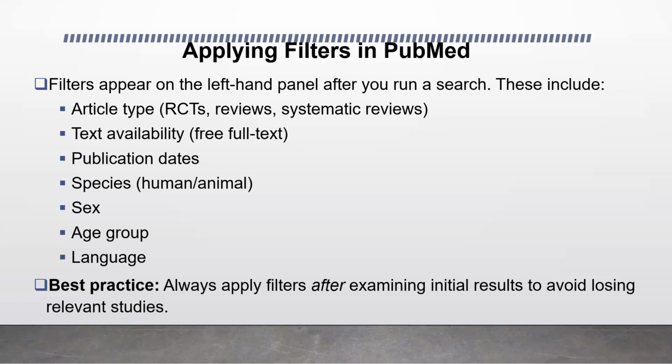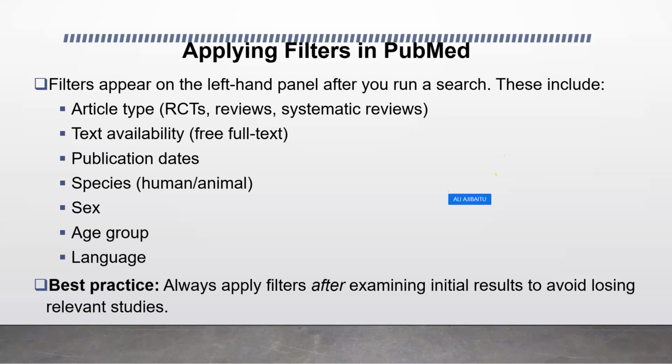But if you have limited access, you can opt for free full text, because some of the publications require you to pay, restricted by paywalls. So you can opt for free full text if you have limited access to such publications.